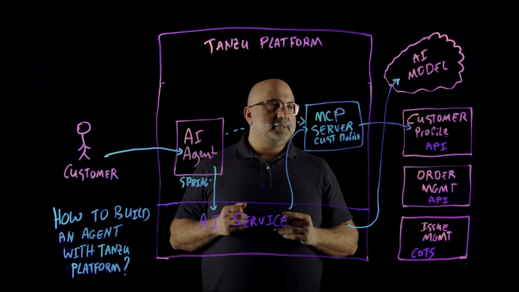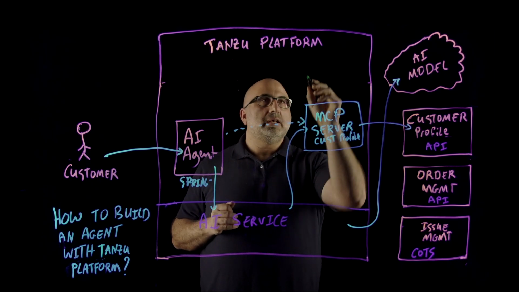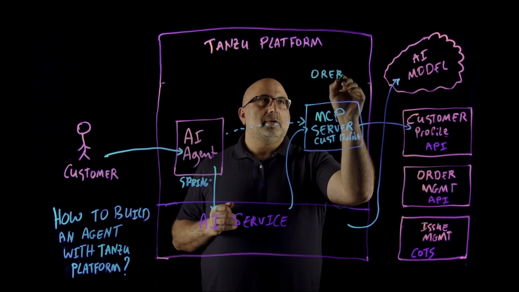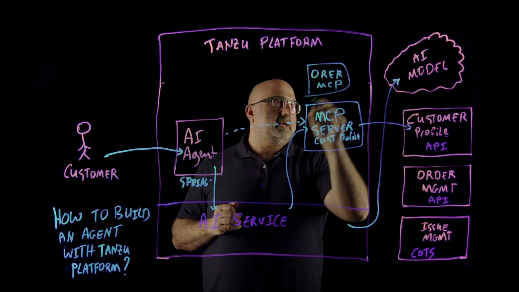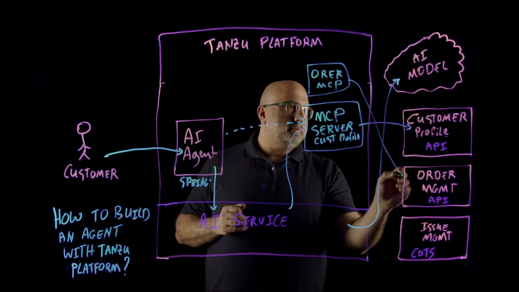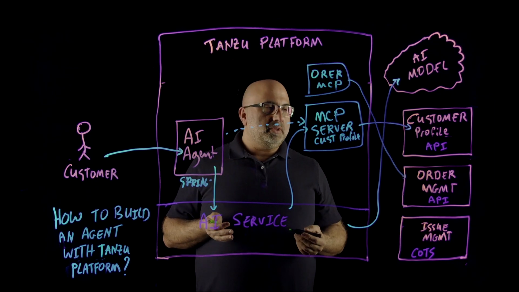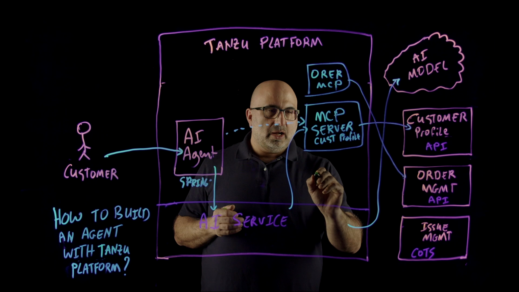But it's not just one MCP server we need to build. We also need to build the order management service. So we'll say the order MCP. And that's going to go down here. But then we have this issue management system. We didn't write the code for this. So maybe our vendor is going to have a COTS.